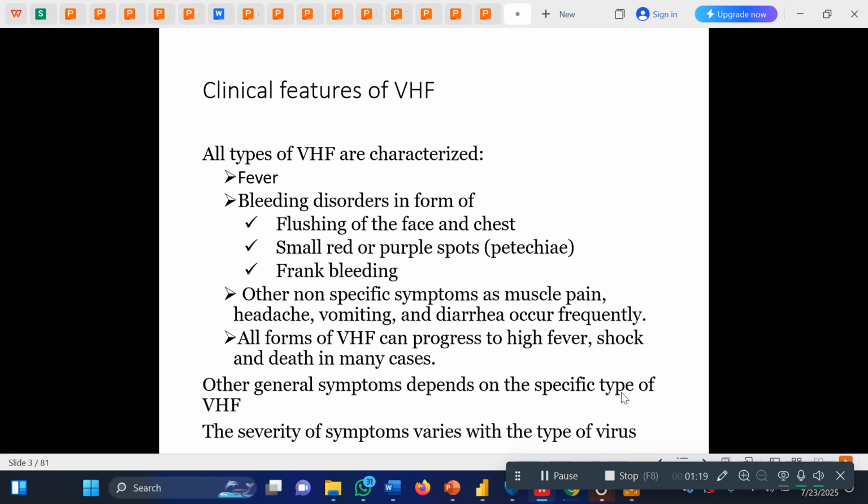Other non-specific symptoms are muscle pain, headache, vomiting, and diarrhea, which occur more frequently. The patient can present with high fever and develop shock and death in many cases. Other general symptoms depend on the specific type of viral hemorrhagic fever, and the severity of symptoms also varies with the type of virus.